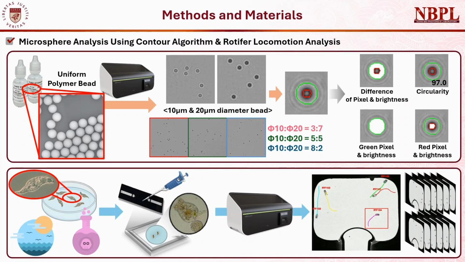And also, we prepared microspheres with diameters of 10 micrometers and 20 micrometers, and captured their shadow images using Cellytics. Then these shadow images were analyzed using a control algorithm. We also tested different mixing ratios such as 3:7, 5:5, and 8:2.